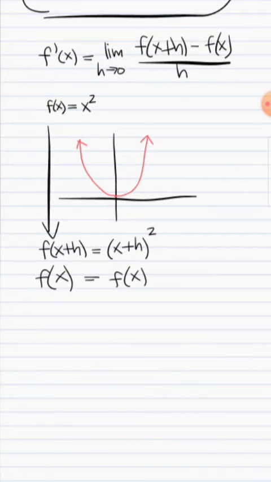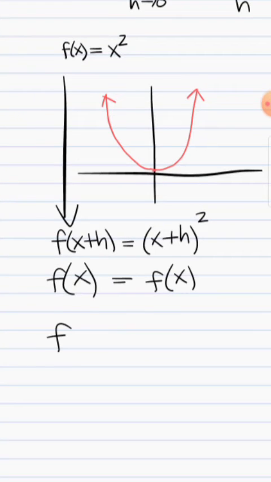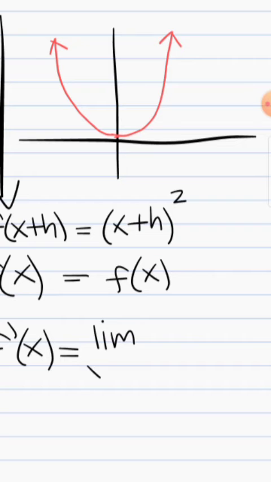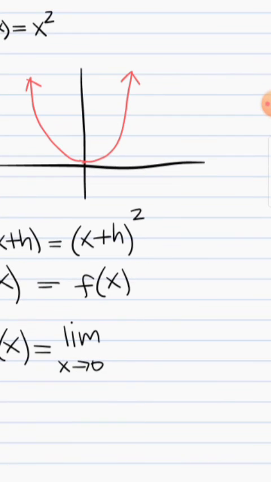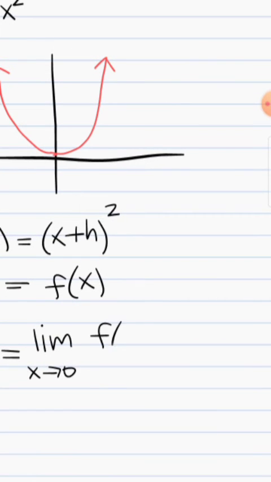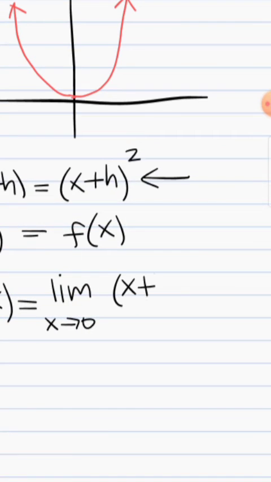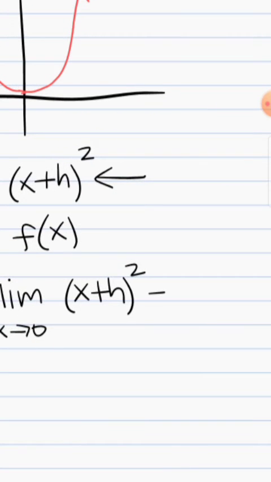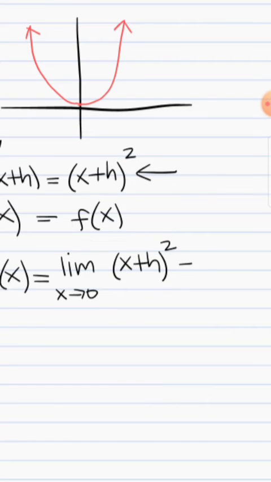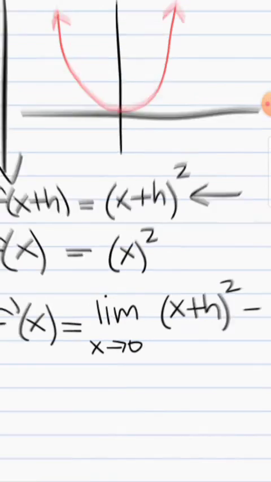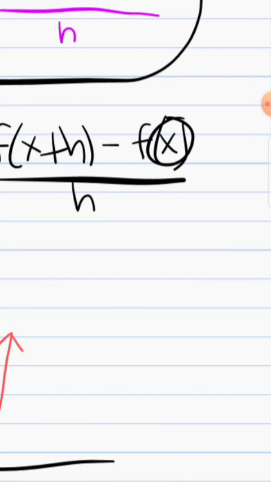So now plugging it into our formula, f prime of x will then become the limit as h approaches 0 of f of x plus h, so that's this one, x plus h squared, minus our f of x, which is just literally x squared. Alright, here you can see f of x.